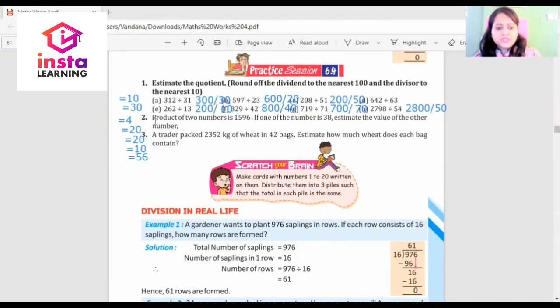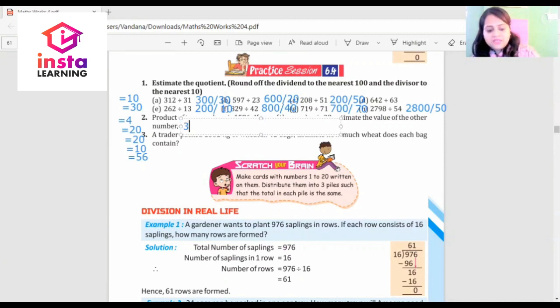Okay. Now students, it's your question number 2. Product of two numbers is 1596. If one of the numbers is 38, estimate the value of the other number. It means you have to tell the number. The multiplication of numbers: first number is 38 and the other number you don't know.